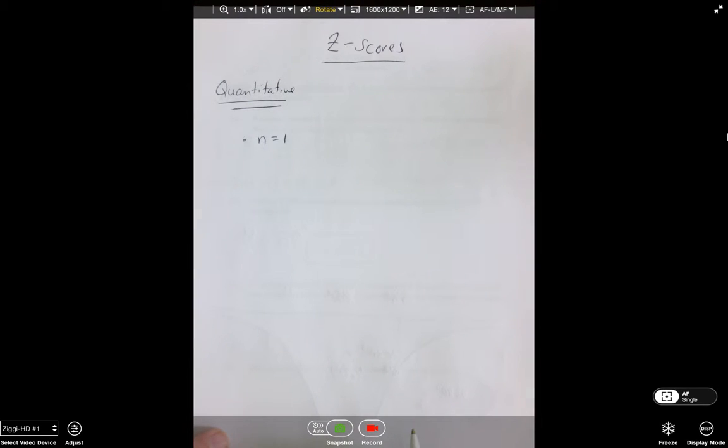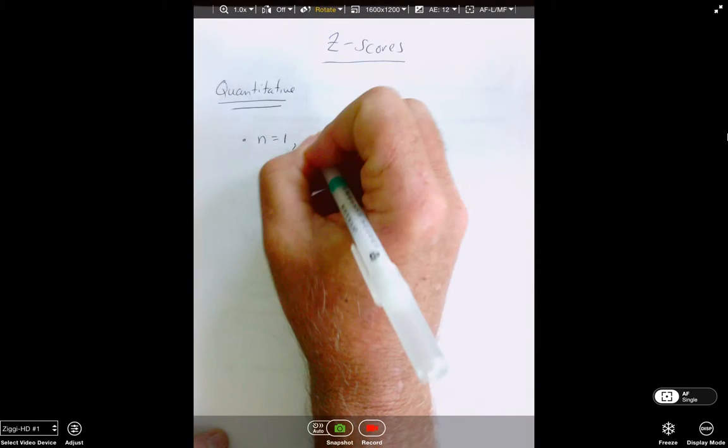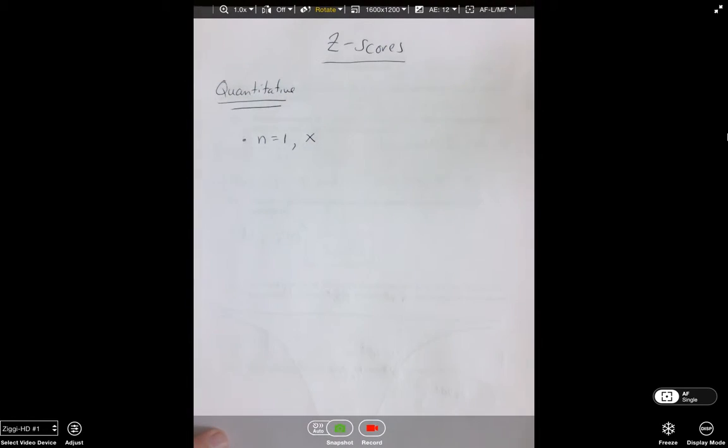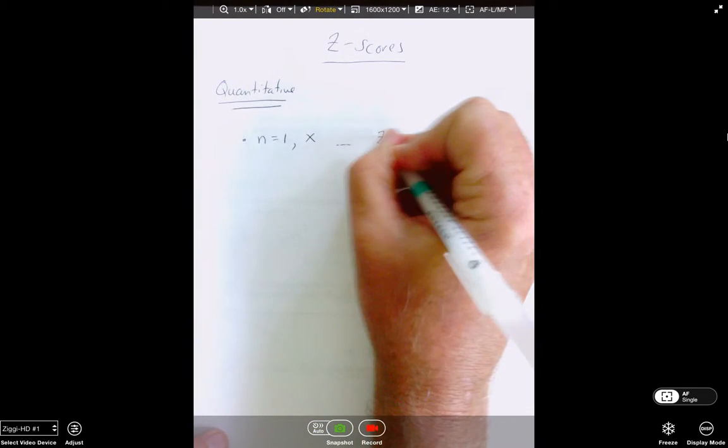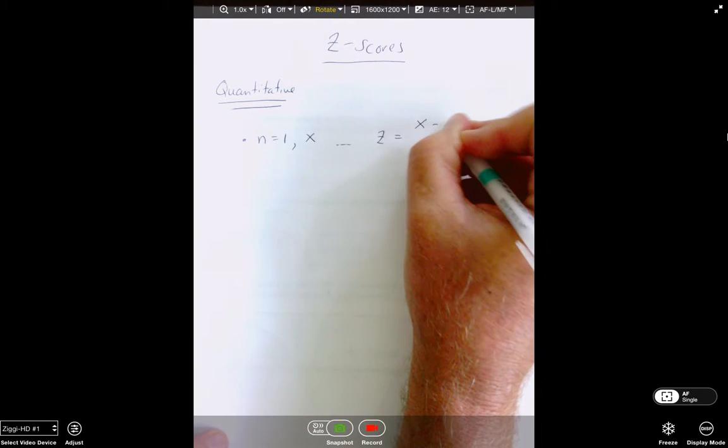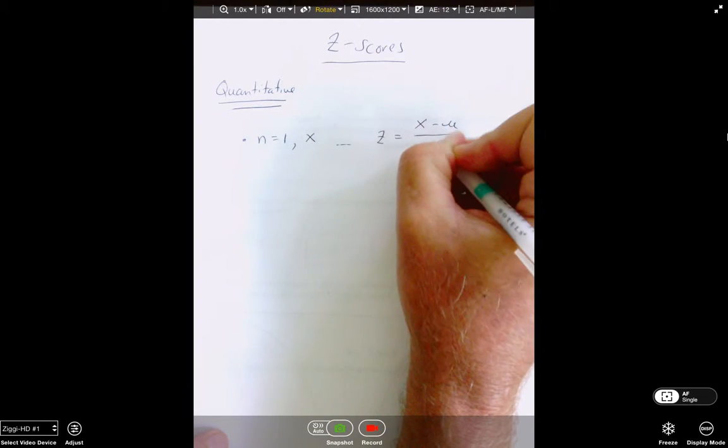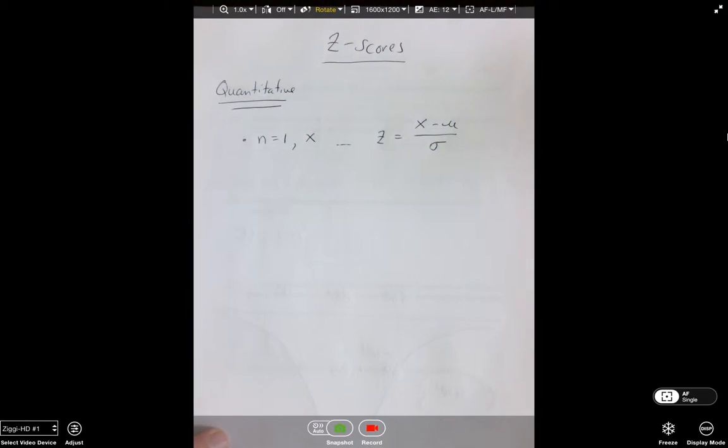And one deals when we take a sample size of one randomly selected observation, and we let that value be given as X. And the z-score in this situation is just take that score minus the mean divided by the standard deviation. That is the z-score.